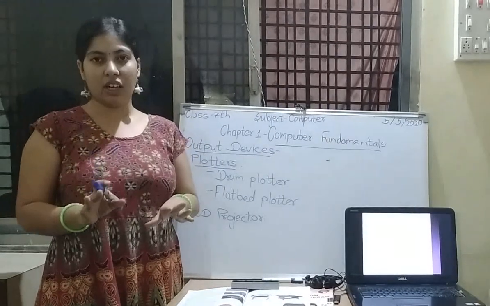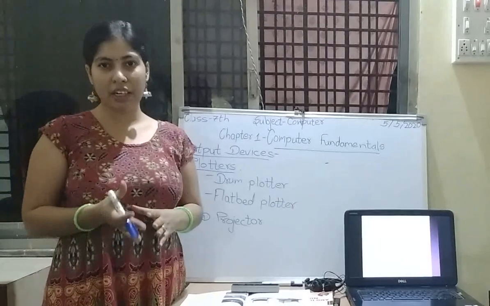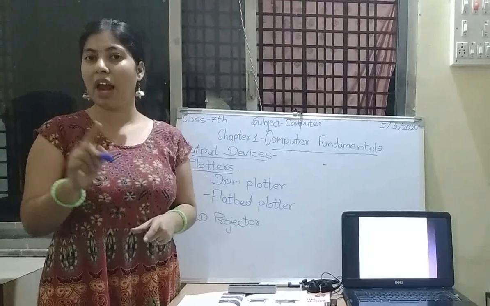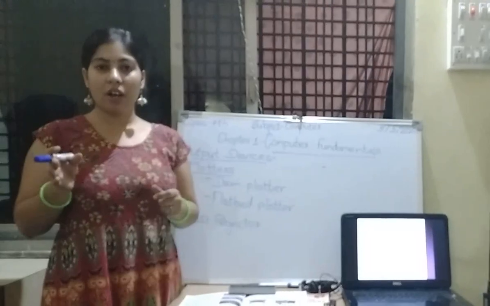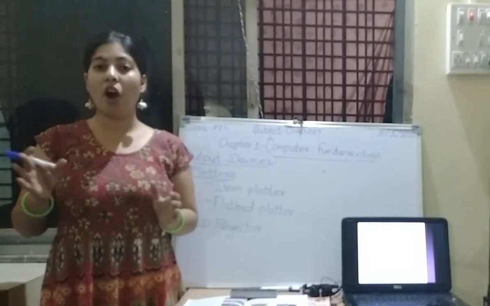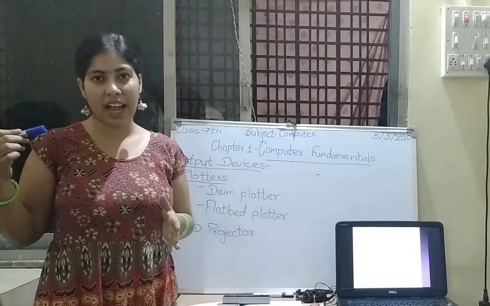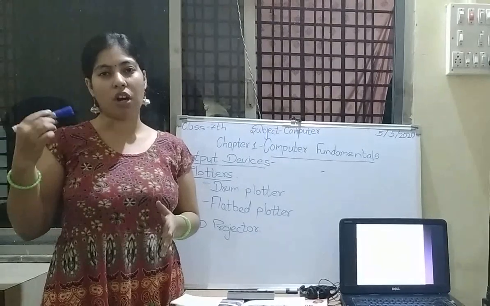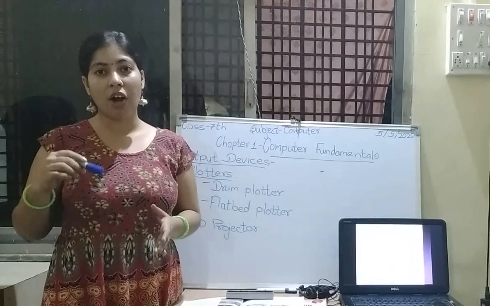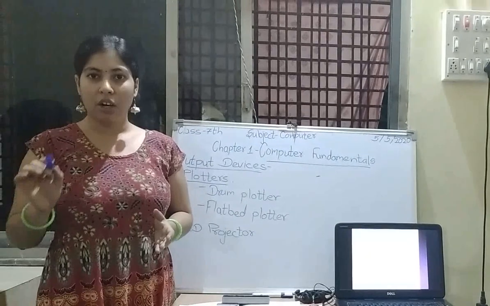Plotter is a device which works the same as a printer, but it is not a printer. It is a plotter. Plotter is used for structural design, for drawing something on sheets, on paper, on banners.